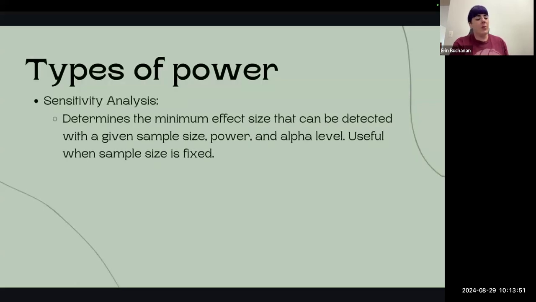All right, the other thing that you can do is sensitivity tests. I really love sensitivity tests. Sometimes people conflate these with robustness tests. I think they probably can be used interchangeably depending on the context. But the idea is, what is the effect size that I could find if I know that my sample size is fixed, right? So we often do these at the end, especially if the result comes out null.